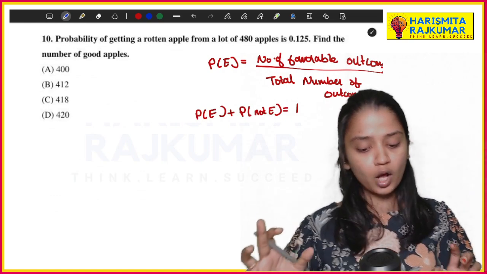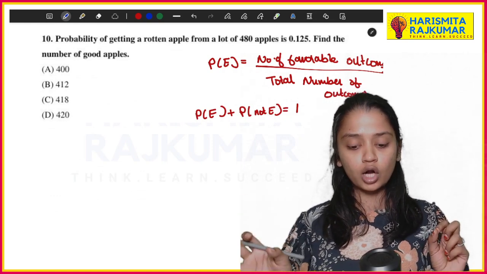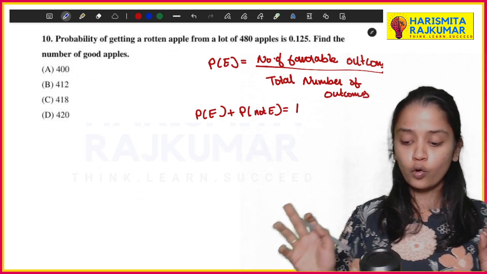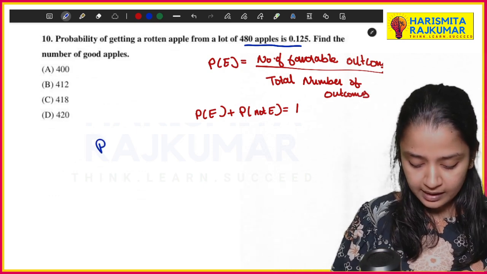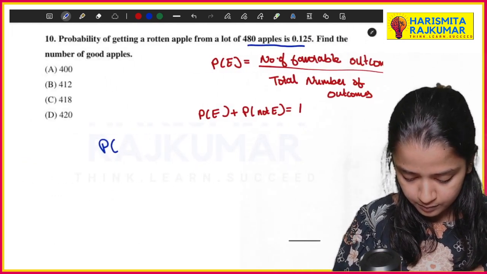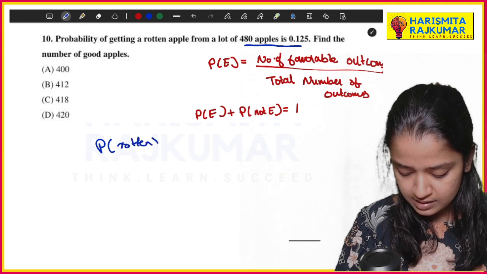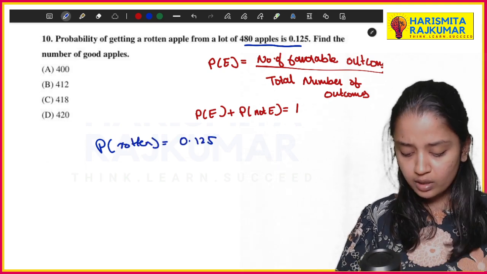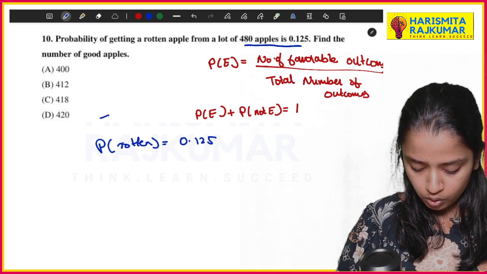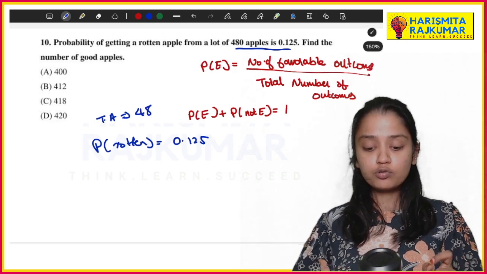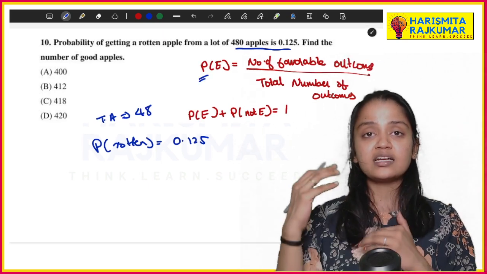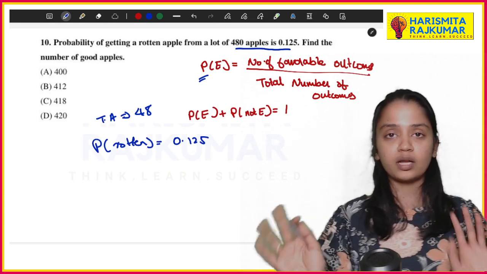Next one: the probability of getting a rotten apple from a lot of 480 apples is 0.125. The total number of apples is 480. The formula you can use is: probability of an event is the number of favorable outcomes by the total number of outcomes.